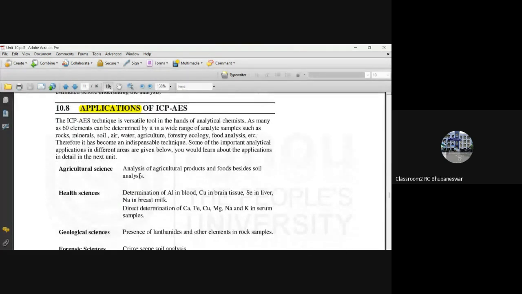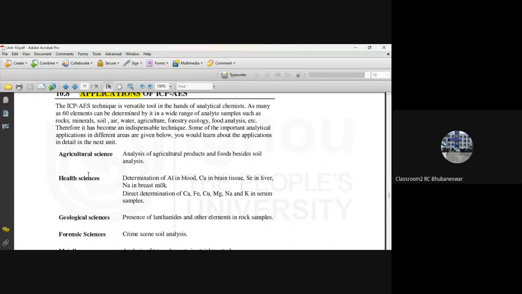So coming to applications of ICP-AES, it is widely used in agricultural science, where analysis of agricultural products and foods, besides soil analysis, can be done. Till now, if you remember, flame photometry has mostly been used for soil analysis.